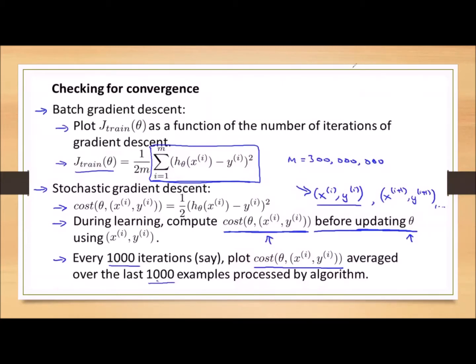Here in stochastic gradient descent, similarly we are taking the cost function, but for each iteration we are only taking one training sample. So we want to update theta for each iteration.